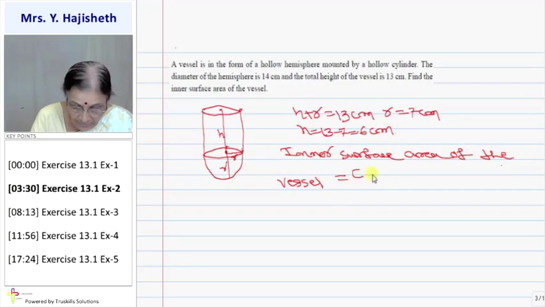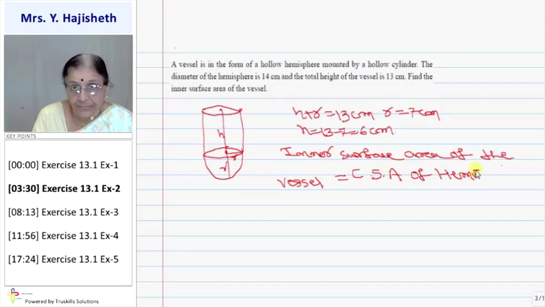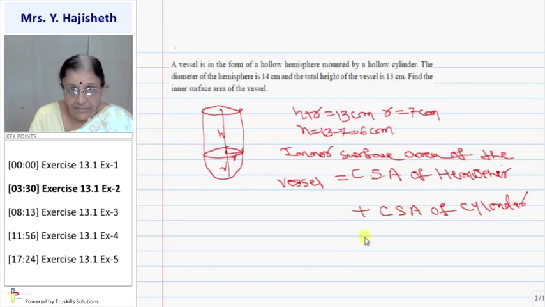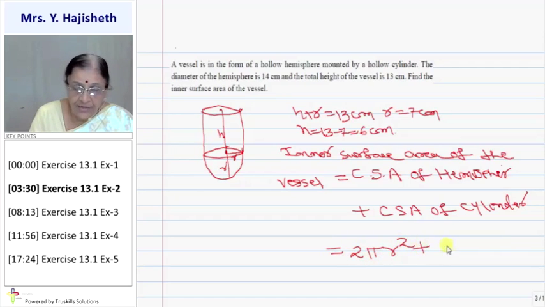It is curved surface area of hemisphere plus curved surface area of cylinder. Clear? Now curved surface area of hemisphere is 2 pi r square and curved surface area of cylinder is 2 pi r h. Now put the value.